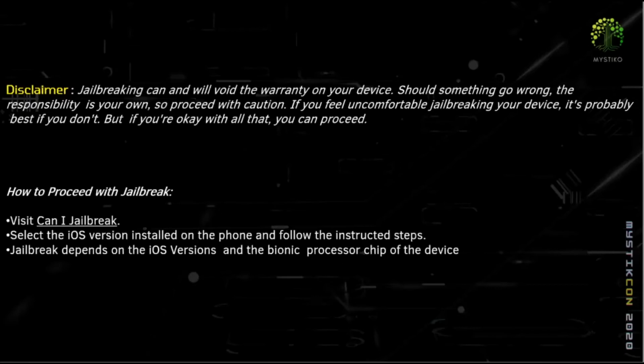Also, one more thing: make sure that the iOS version you're going for is a lower version, because lately we are not getting jailbreaks for recent iPhone devices. As far as I know, the latest version of iOS was 14 point something, and the jailbreak is not yet available right now.